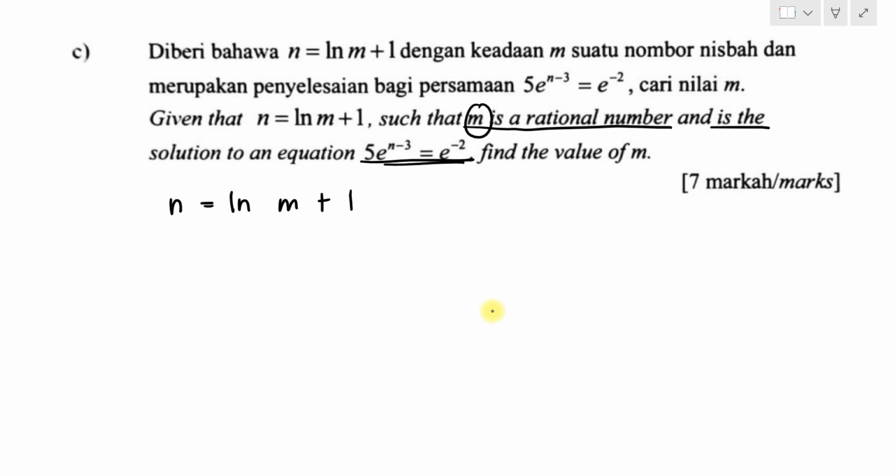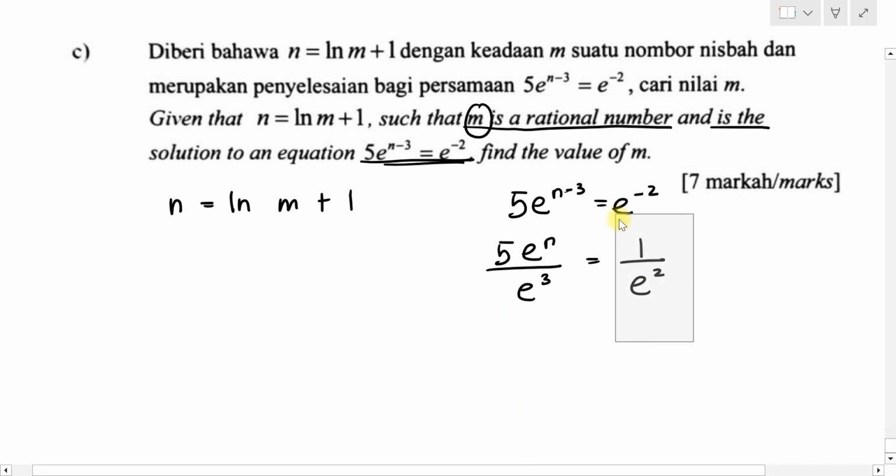Okay, so we need to find n first. 5e to the n minus 3 equal to e to the negative 2. Okay, so 5 e to the n over e power 3, minus means divide, equal to 1 over e square.